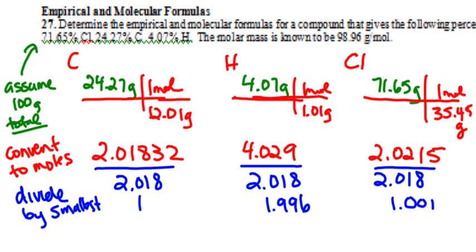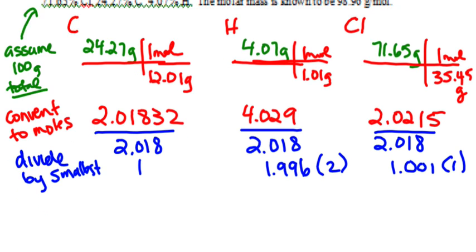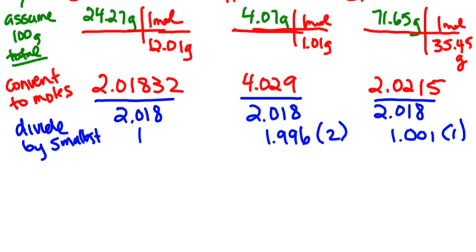But for all intents and purposes, this is a 2, and this is a 1. Okay, so now that we know that, we can figure out the empirical formula. What is our empirical formula? CH2Cl, right?